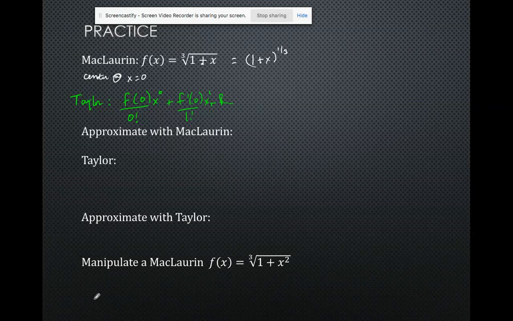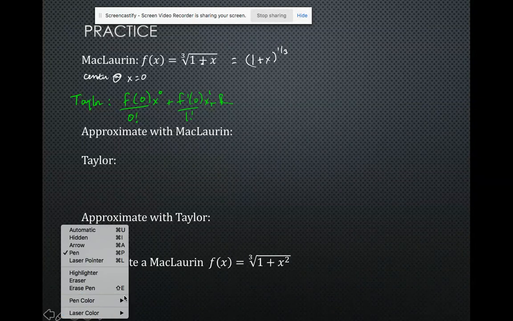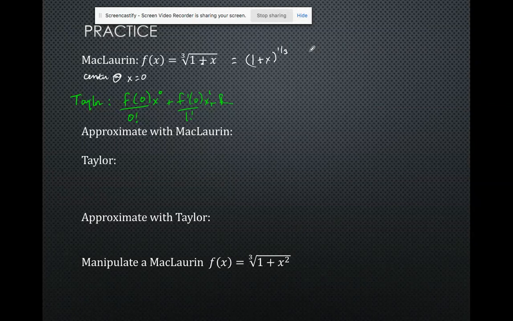So I need to take f and find its derivatives. Fortunately, I took the first half of calculus, so I know how to do this. Bring the 1/3 down, 1 plus x to the negative 2/3 times the derivative of the inside, which is just 1.